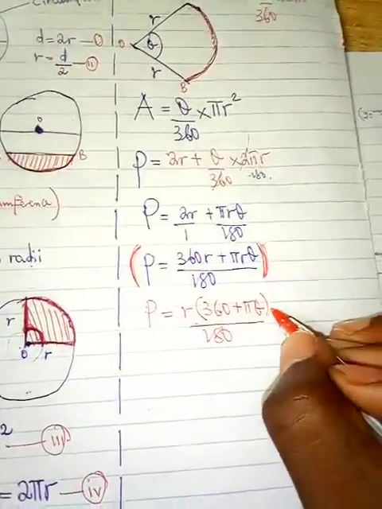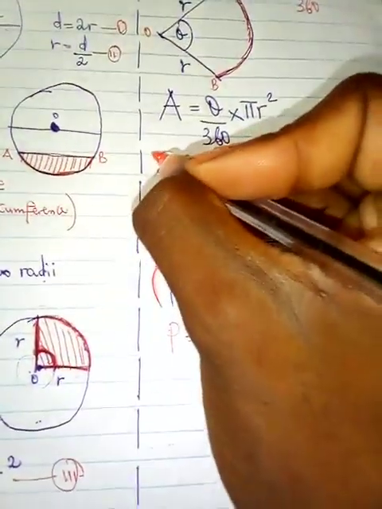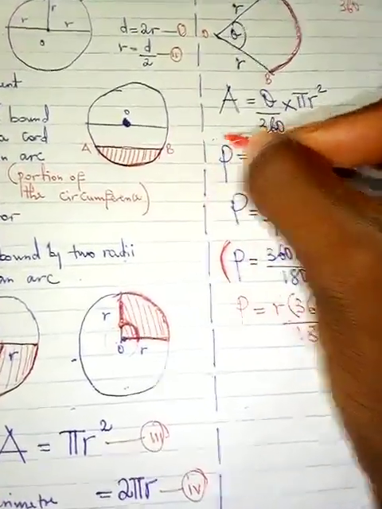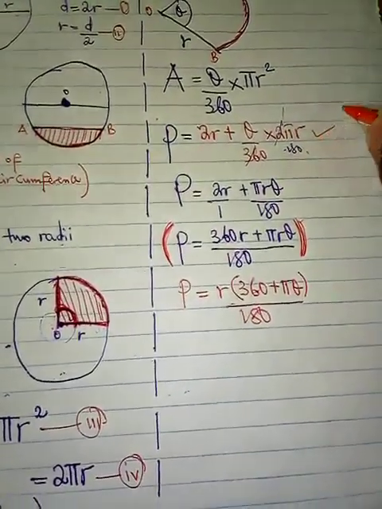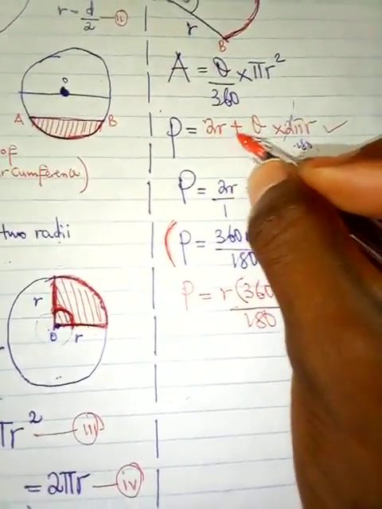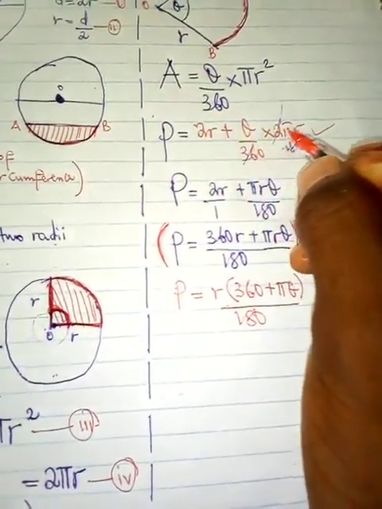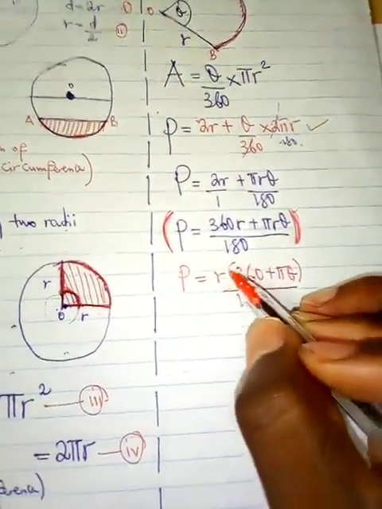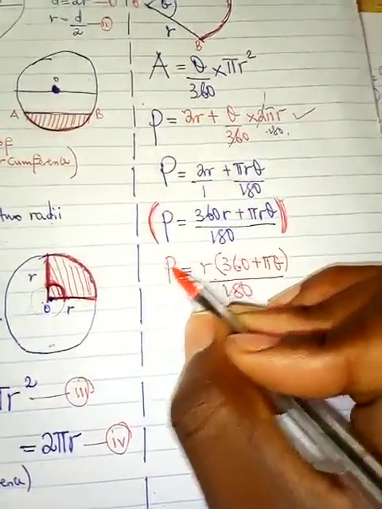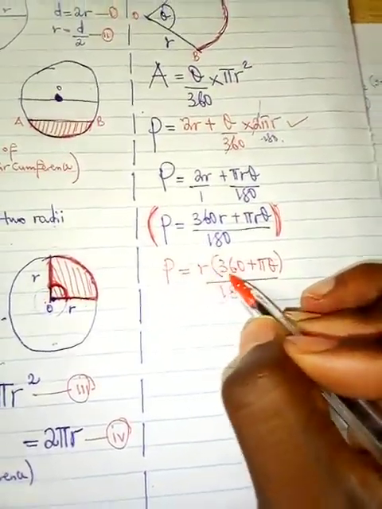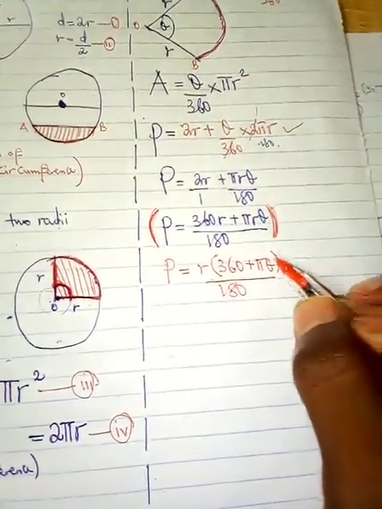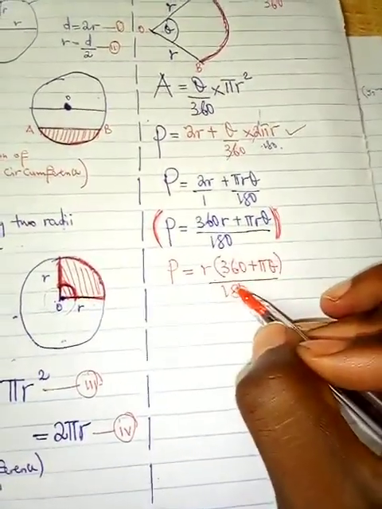If you want, you can go with 2r plus theta over 360 times 2 pi r. Or if you want, you can just say P is equal to r times 360 plus pi theta, over 180.